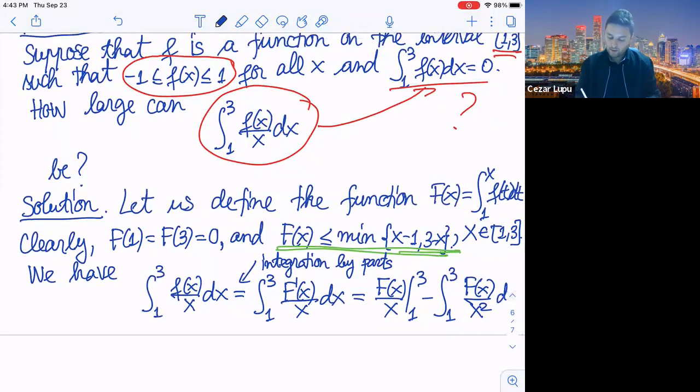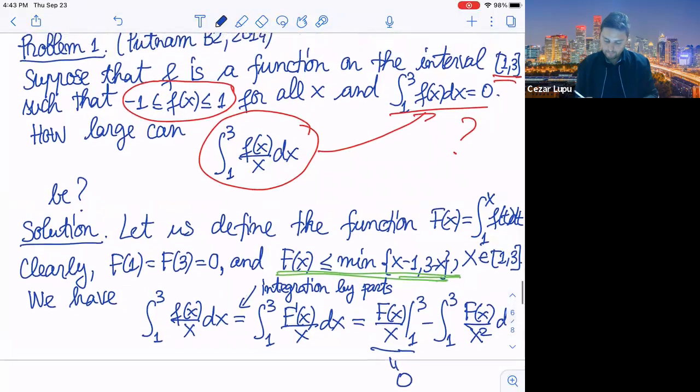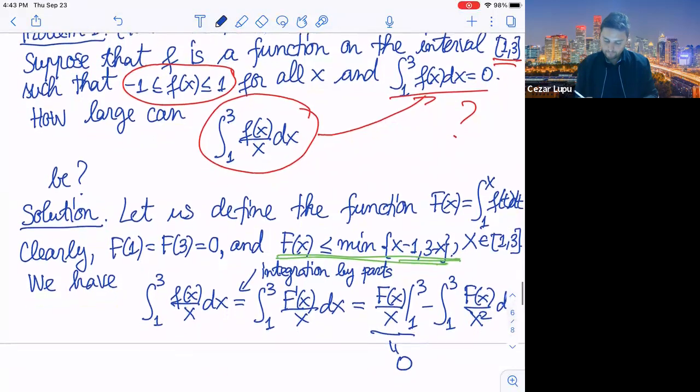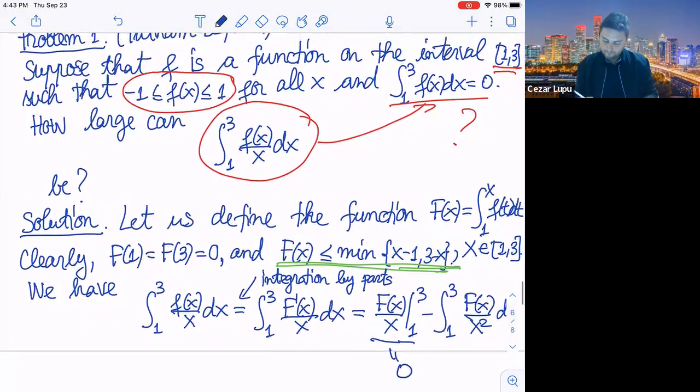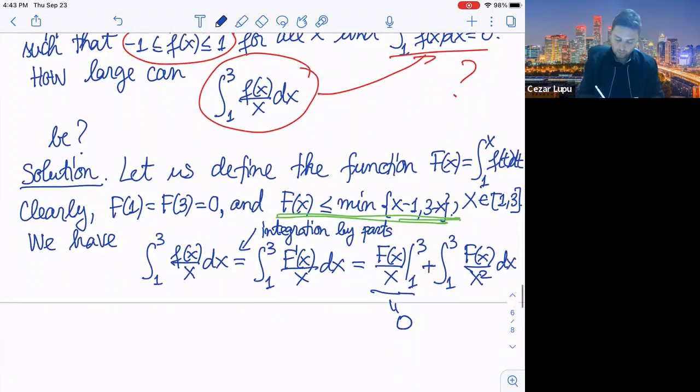Well, here we don't have any problems. This would give us 0. Here we have plus. So this would be equal to the integral from 1 to 3 of F(x) over x squared dx.